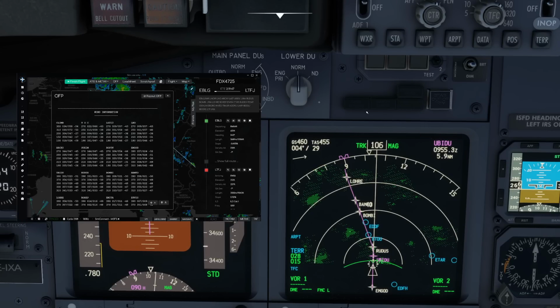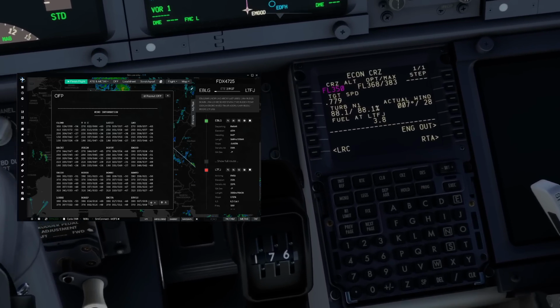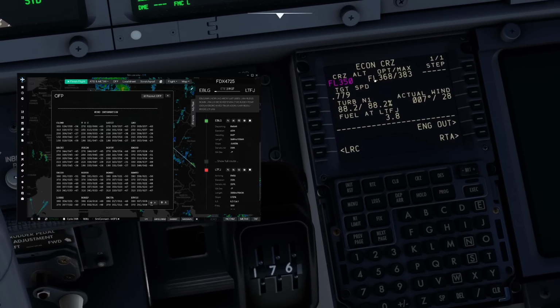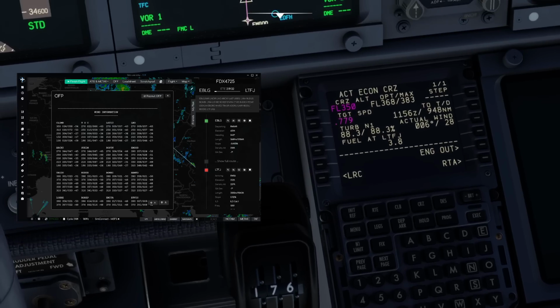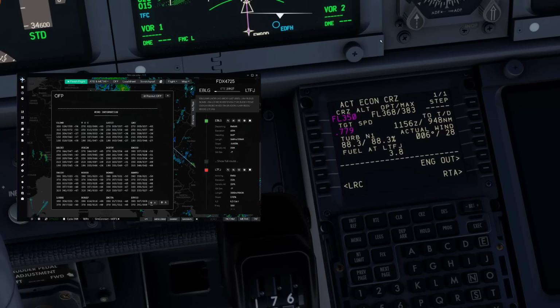Now, since the wind is basically ruled out for this one, the last thing that we have to ask ourselves is, can we take flight level 370, which is closest to the optimum, or should we stay in flight level 350? Now, personally, I basically always went down the following road.